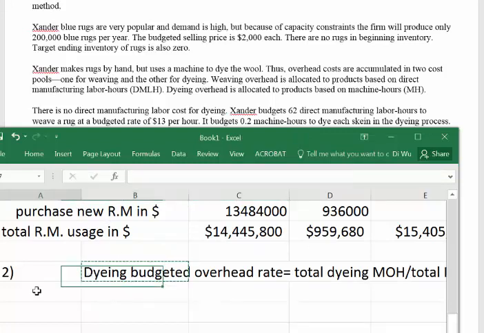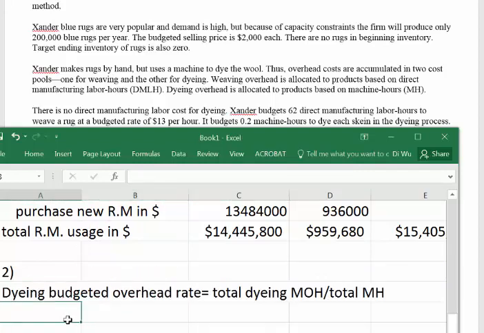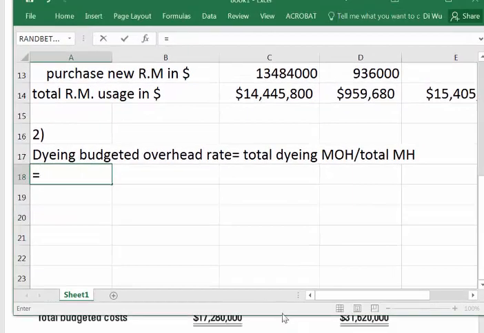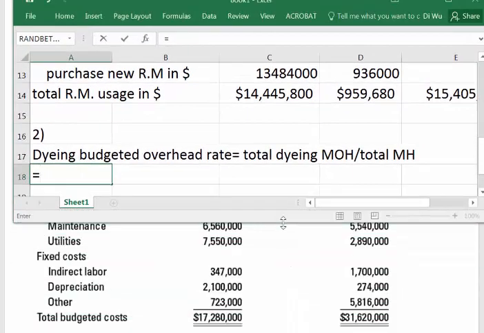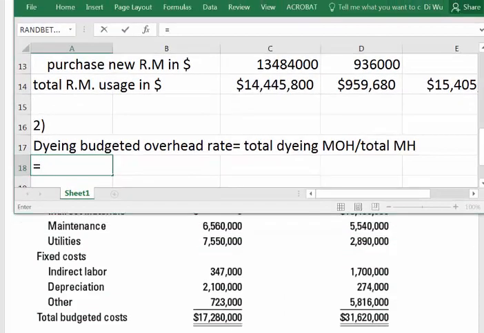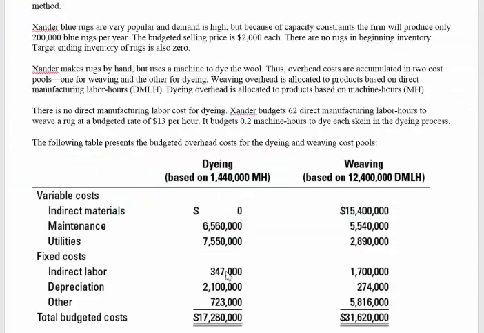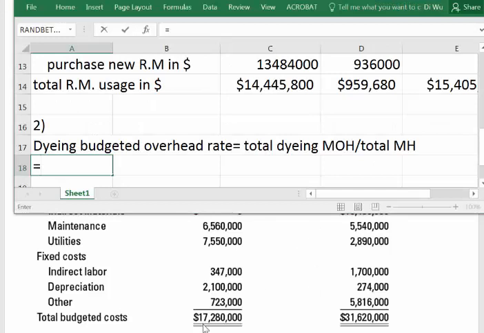Let me copy paste down here so you can see the whole formula. So in this case, I'm going to look at the dollar amount in my question. Let me adjust my window size. For the dyeing, we are looking at the following numbers. It's pretty easy to see that we're looking at 17,280,000.